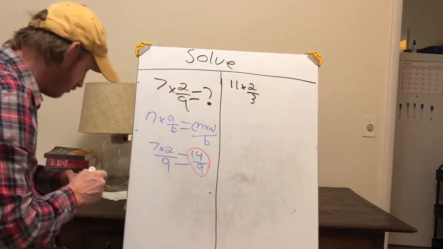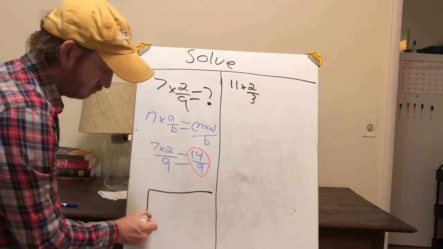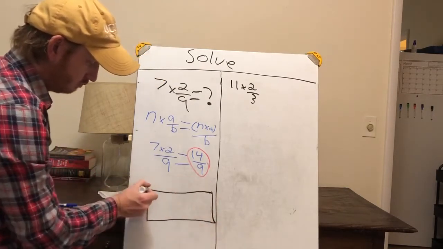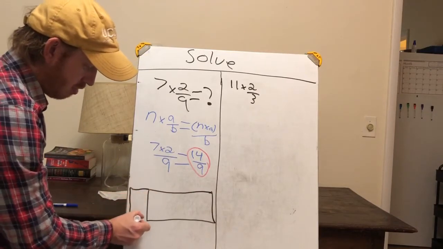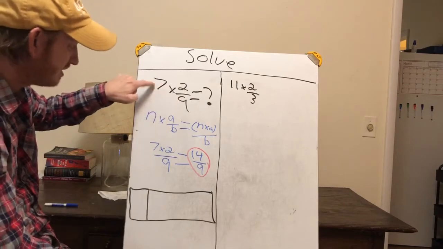First I'll draw my tape diagram. Make it a little bigger. I have 2/9, and I have 2/9 7 times.